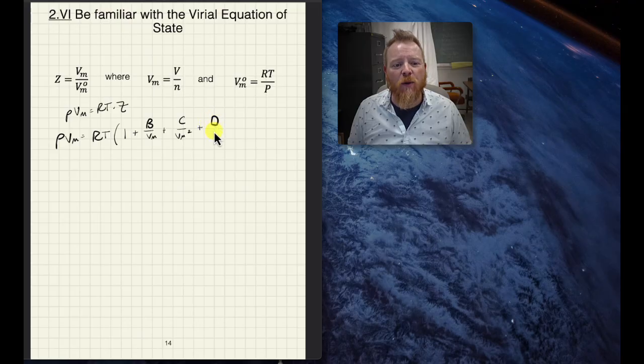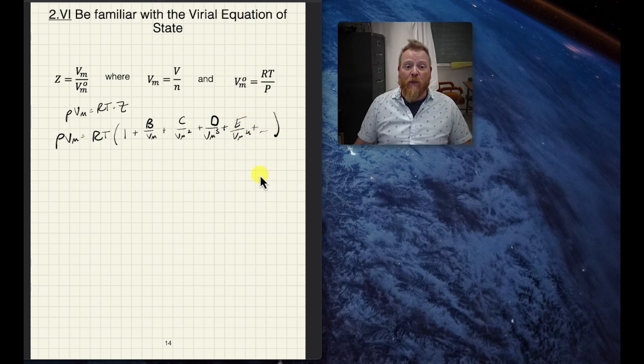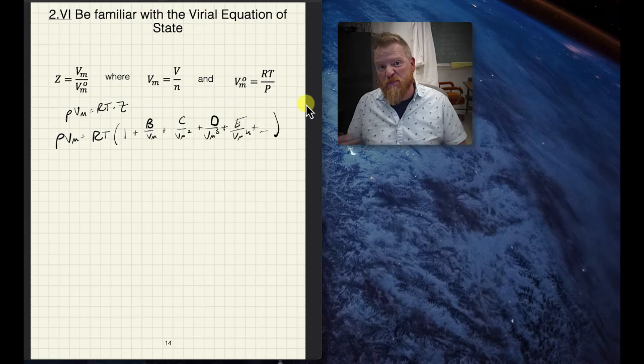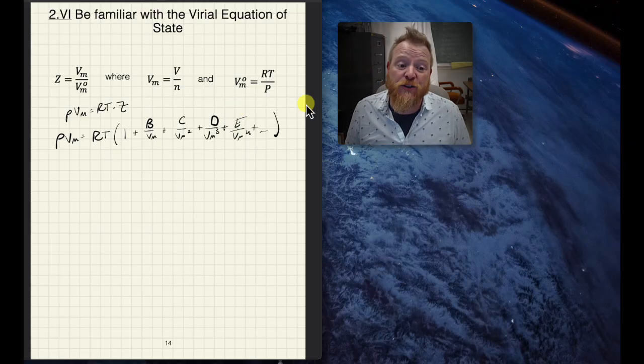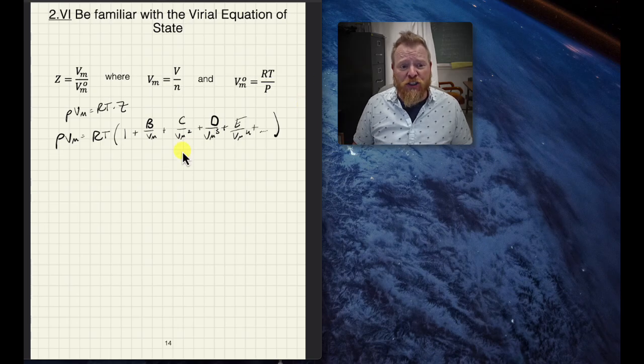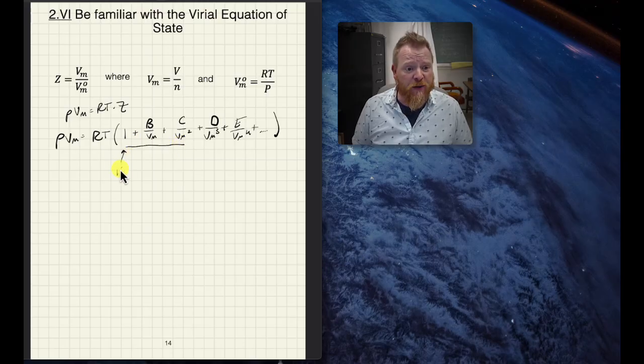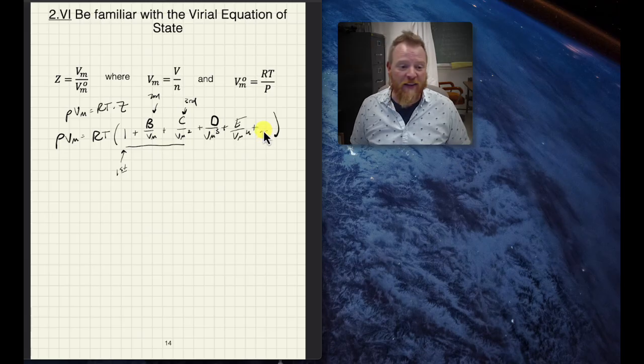And we could keep going with this thing, plus D over Vm cubed, plus E over Vm to the 4th power, and so on. And we can keep adding more and more terms to get a better and better fit to the model. Generally, we're only concerned with these first 3 terms: the first virial coefficient, which is the ideal value of 1, the second, and the third. So we don't typically see this go off to that level.